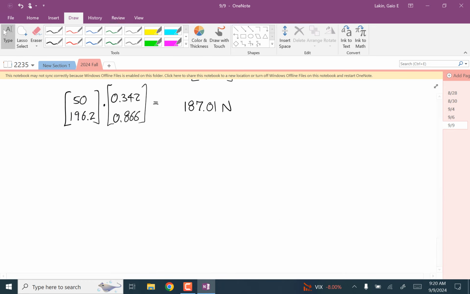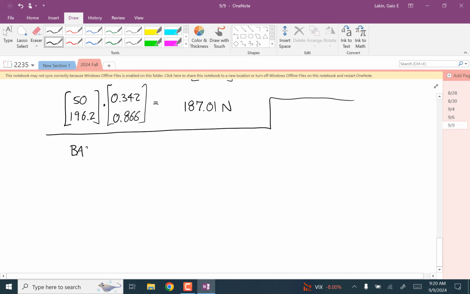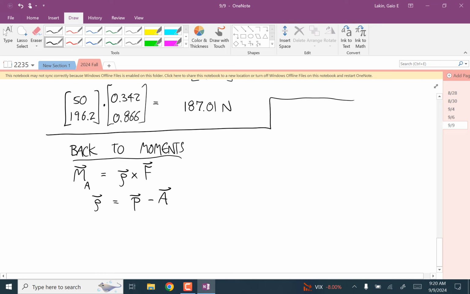So we are talking about moments. And I gave you the equation last time that the moment about the point A is equal to the rho vector crossed with the force vector. And that rho vector is defined as the coordinates of the place where the force is applied minus the coordinates of the about point.